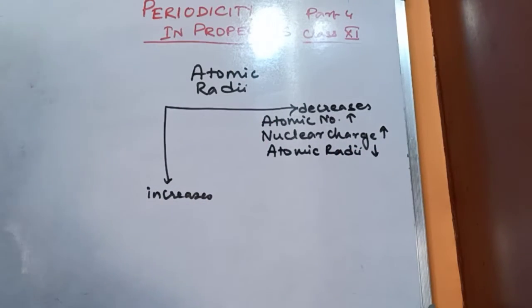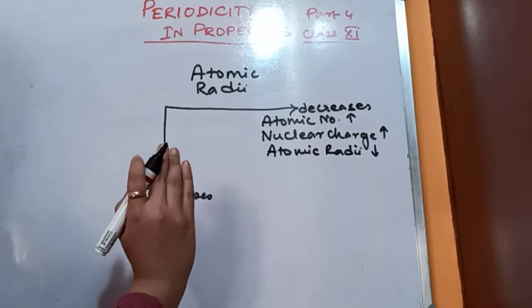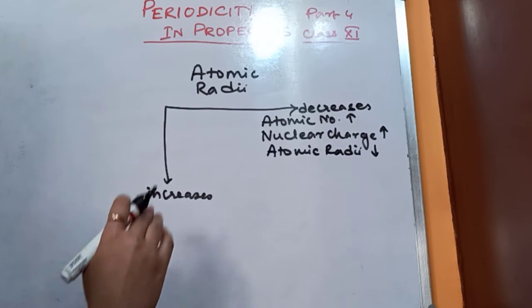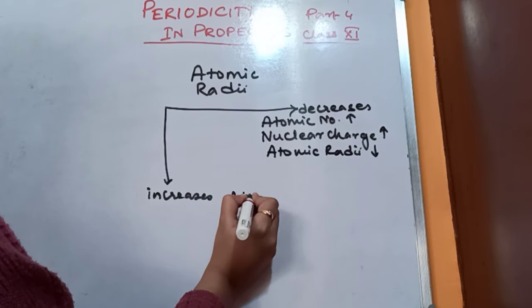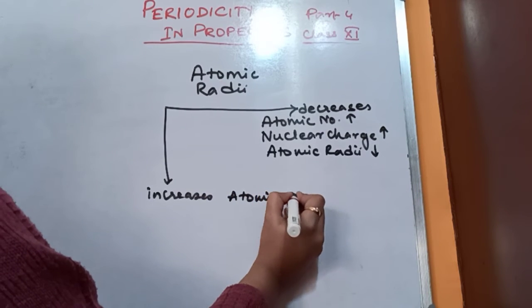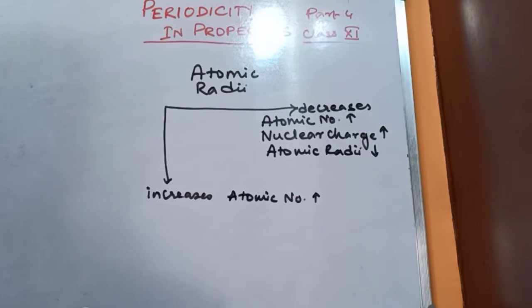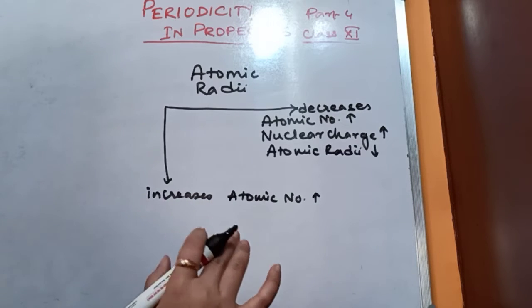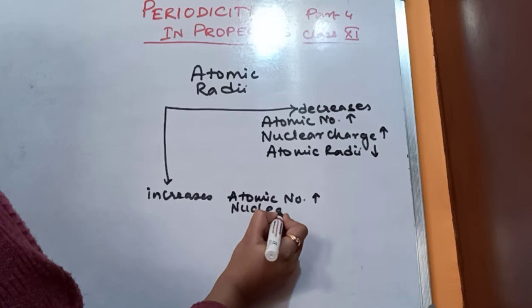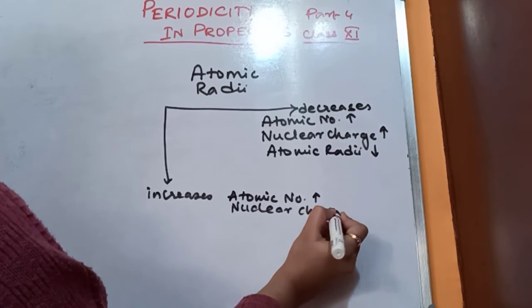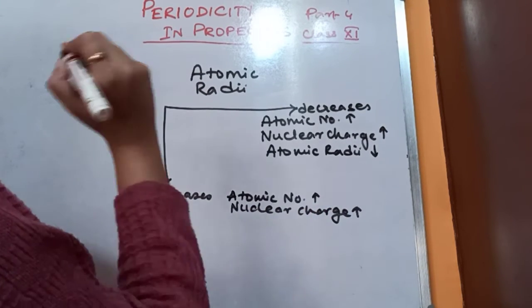But down the group also, the atomic number increases. Because of the increase in atomic number, the nuclear charge also increases.